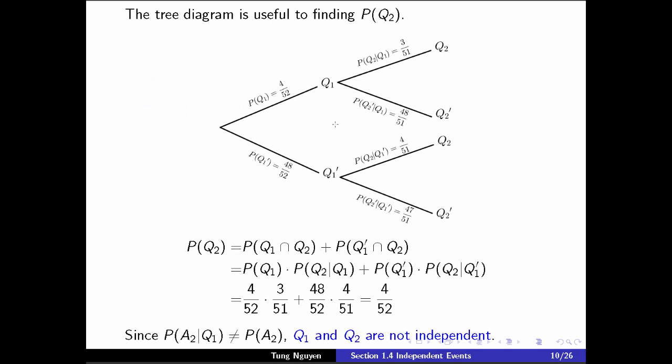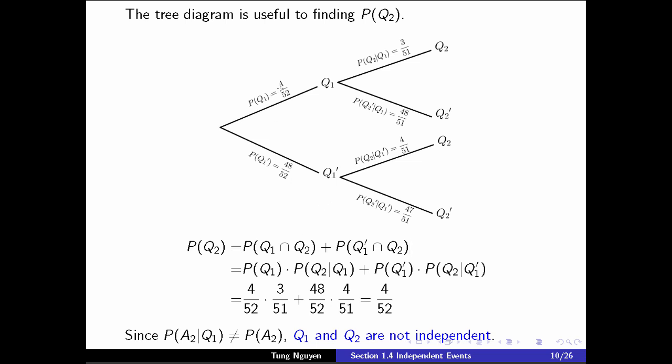So again, with the tree diagram, or if after a while you get used to it, you actually can do it directly this way. So again, there are two outcomes we are interested in here, Q2, and these two paths are leading to those Q2.